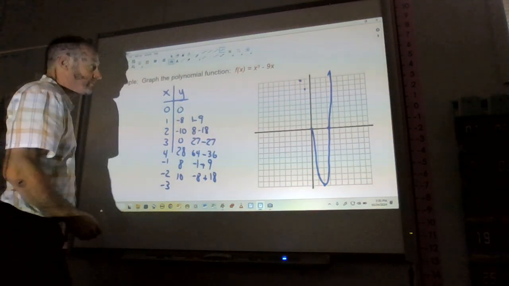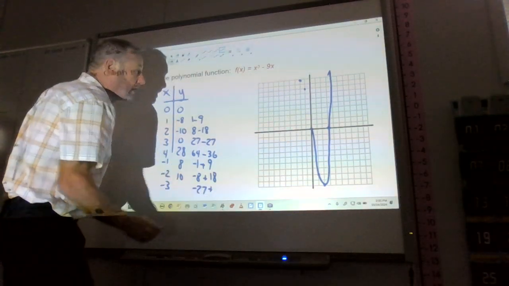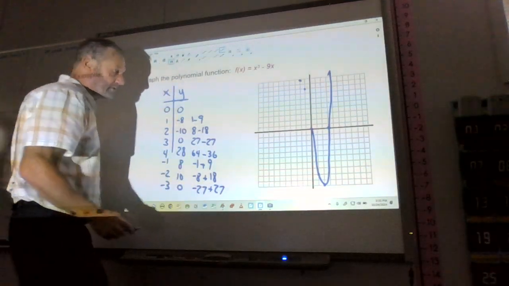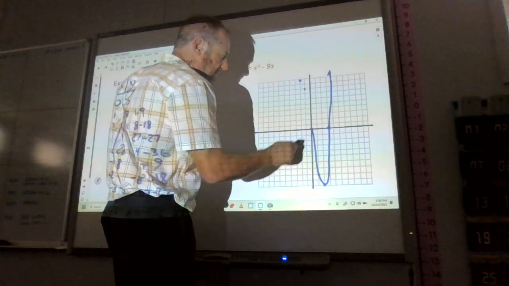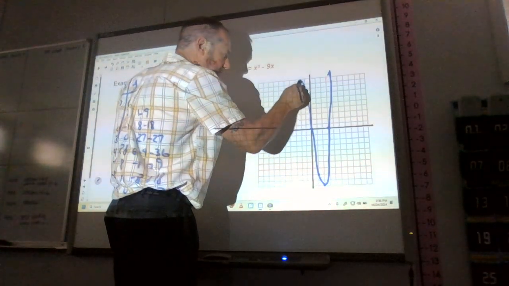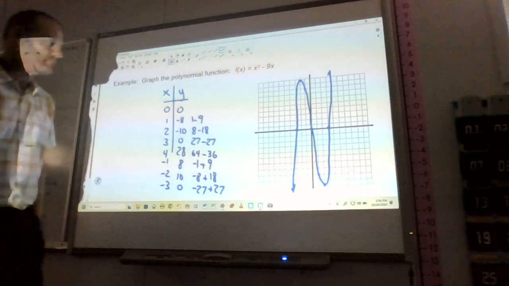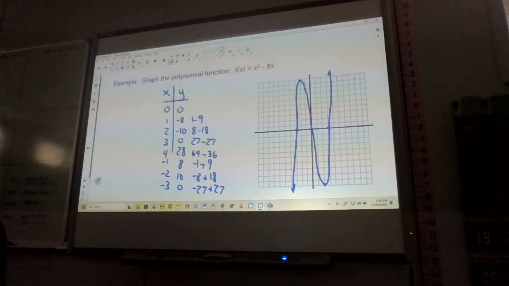Negative 3 is going to give me negative 27 plus 27. It's going to give me 0 again. So this thing's coming back to here. Looks like it's going to be symmetric, so this thing's going to come up here like this, and it's going to take off way down there like that. Okay, so there's my graph.